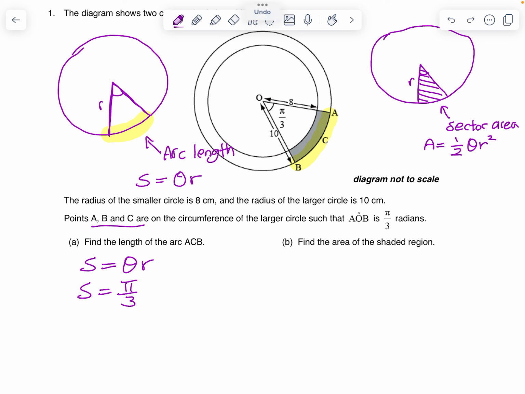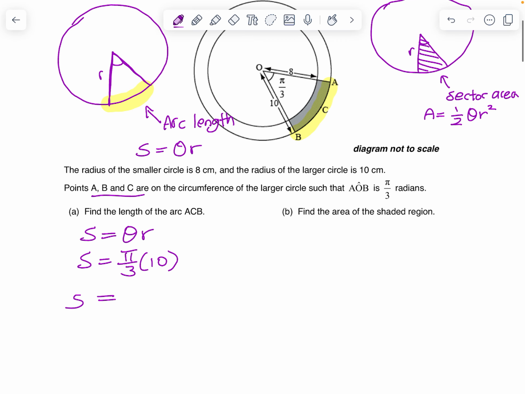Now, this is a tricky question, but we know that ACB are on the circumference of the larger circle, as it says here. So we're going to use the radius of the larger circle, which is 10 cm. So times 10. And you can use a calculator if you want, or you can just leave your answer as 10 pi/3 without using a calculator.